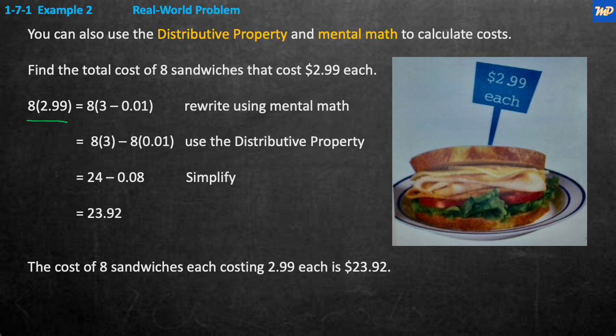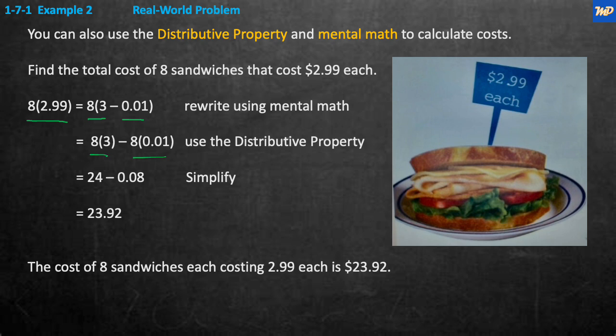That's equal to 8 times 3 minus 8 times what? 0.01. Okay, so we rewrote it using this mental math, taking the 2.99 apart and making it 3 minus 0.01, that 1 penny. So then we have 8 times 3 minus 8 times 0.01.